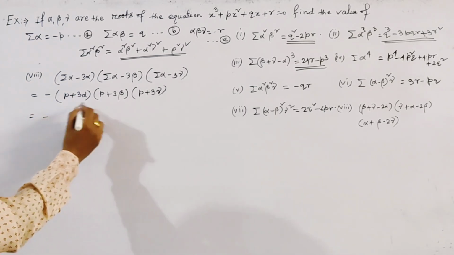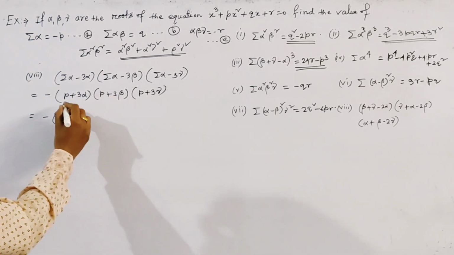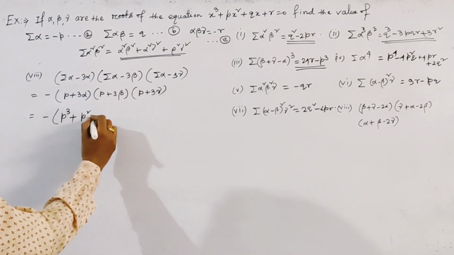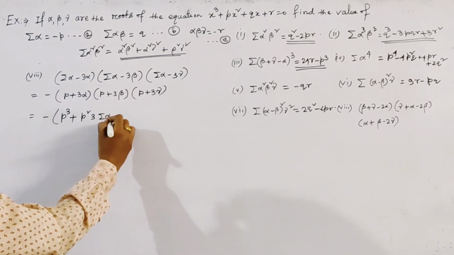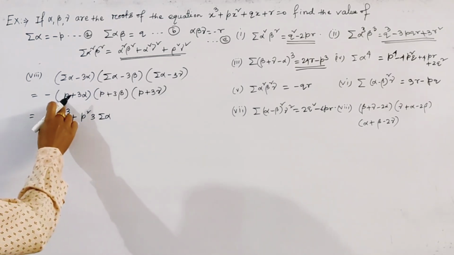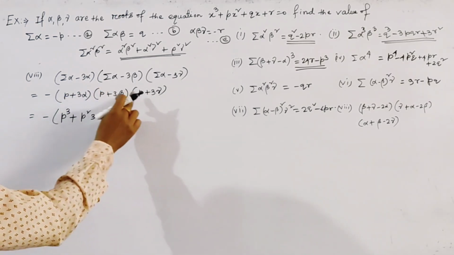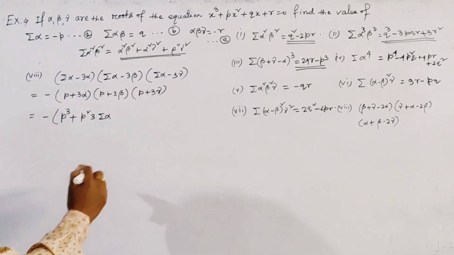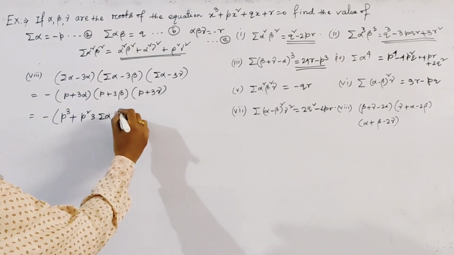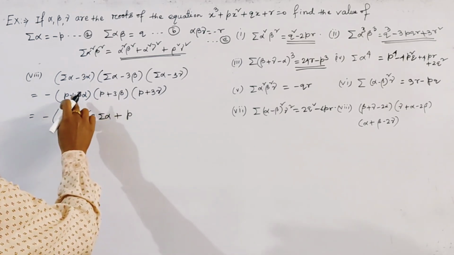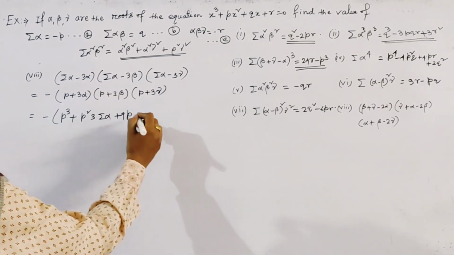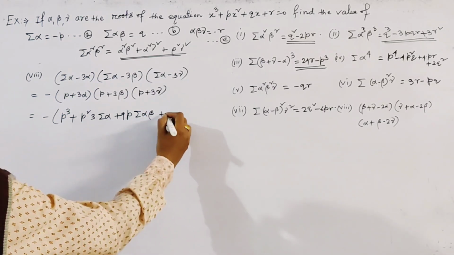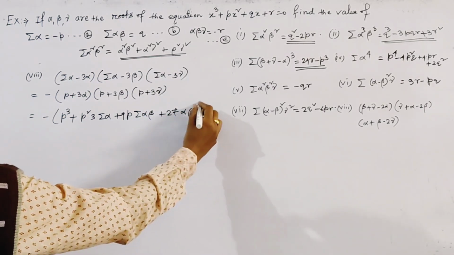Now multiplying this 3 term, we get directly multiply here p cubed plus, we get p square into 3 into summation alpha, because when we multiply pp and 3 gamma, pp and 3 beta and pp into 3 alpha, so we get this result. Now we get this is p into 3 alpha 3 beta, that is 9p into summation alpha beta, and the last term is 27 alpha beta gamma.